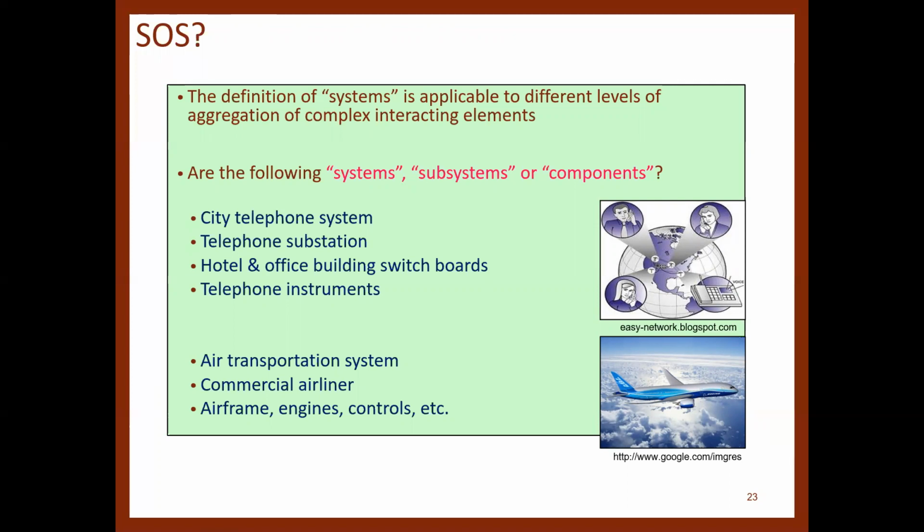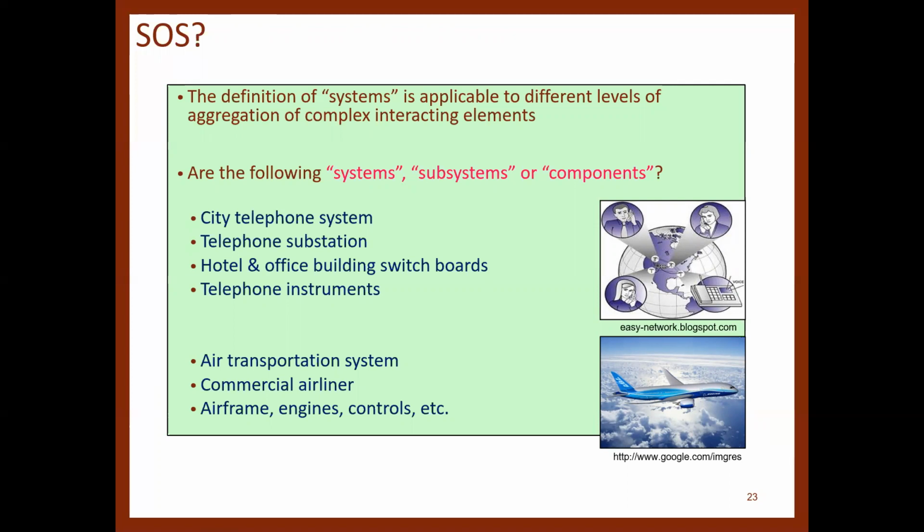So if we look at these examples, are the following systems, subsystems, or components: the city telephone system, the telephone substation, the hotel and office building switchboards, and the telephone instruments.